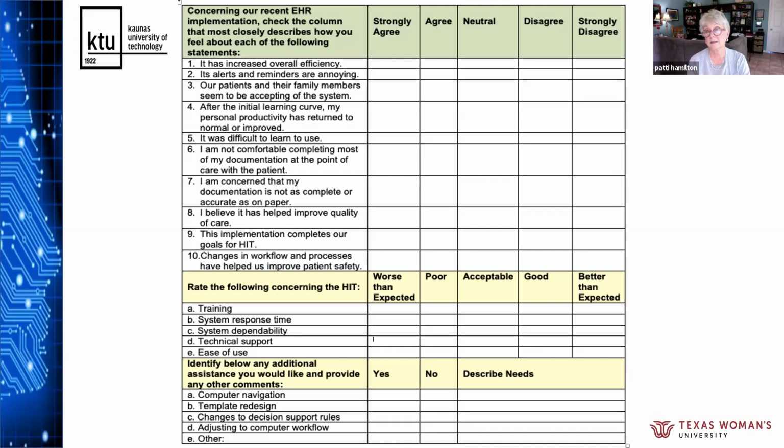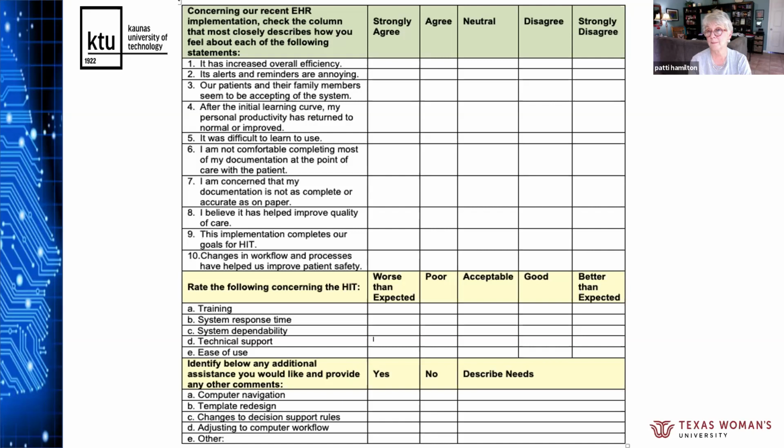And you're asking the user to tell you, did it increase overall efficiency? Because it may have increased efficiency in one area, but caused a burden in another. So really you want to know what was the net effect and the gross effect of your change.